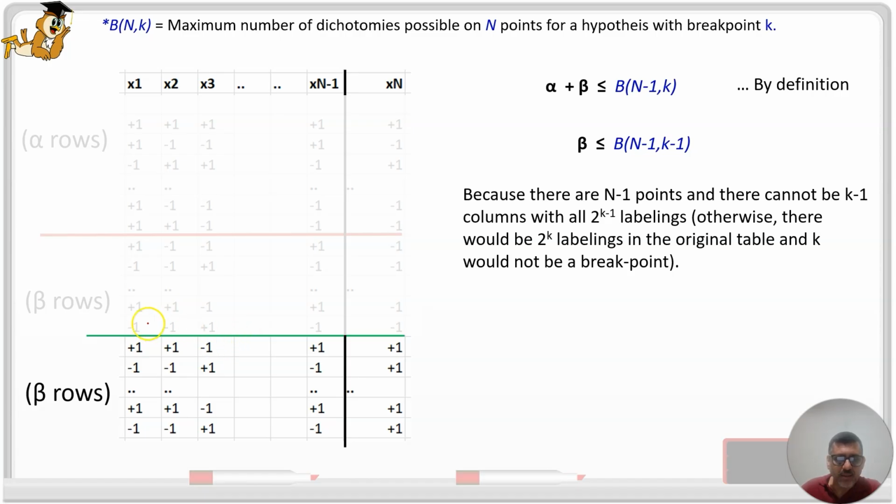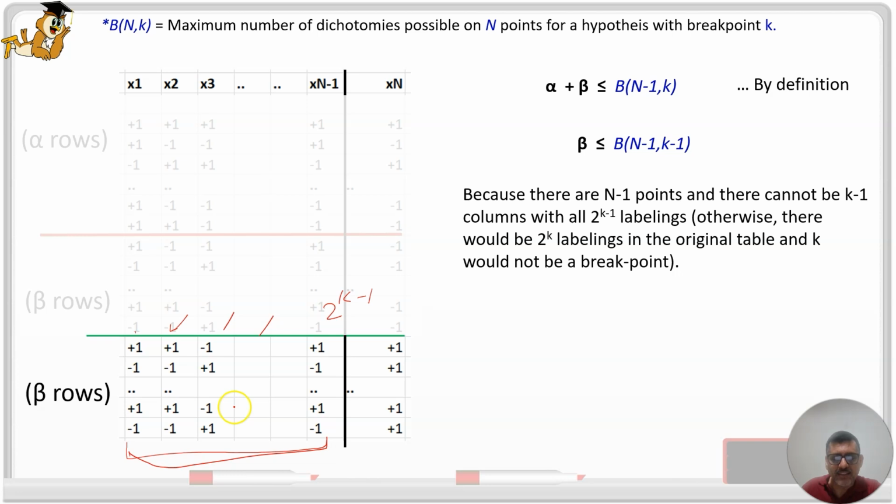The argument goes as follows. We claim that among these n minus 1 points, there is no subset of k minus 1 points such that in those columns all 2 to the k minus 1 labelings are available in this group.